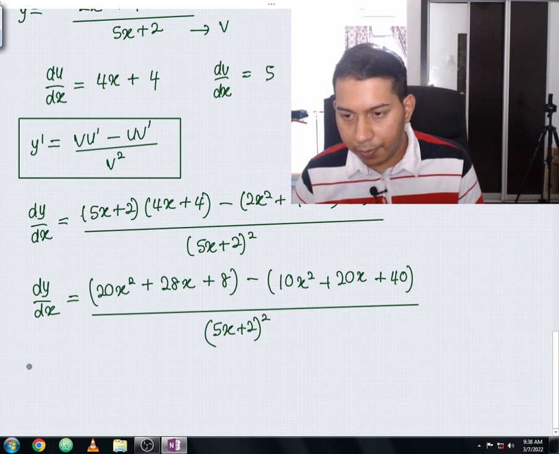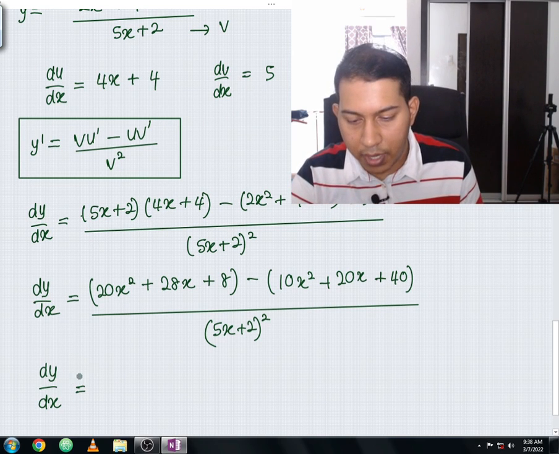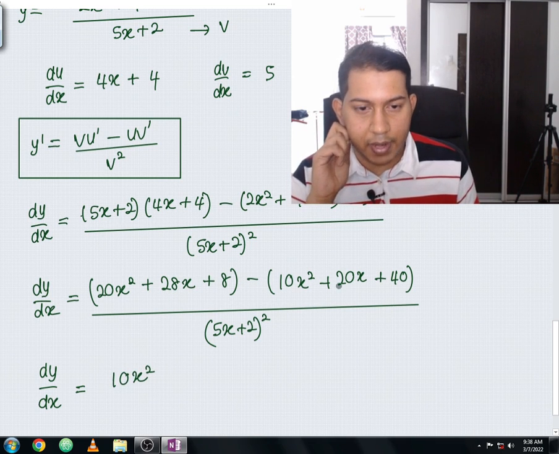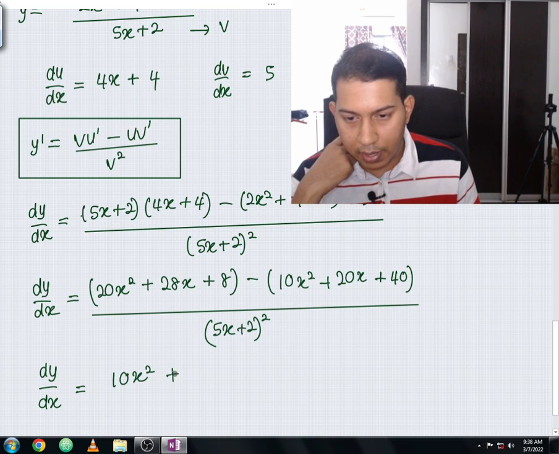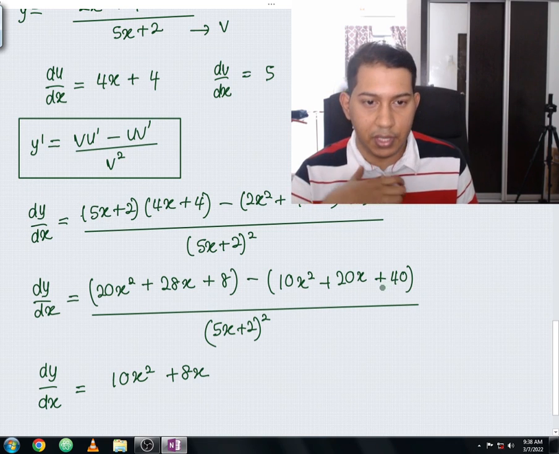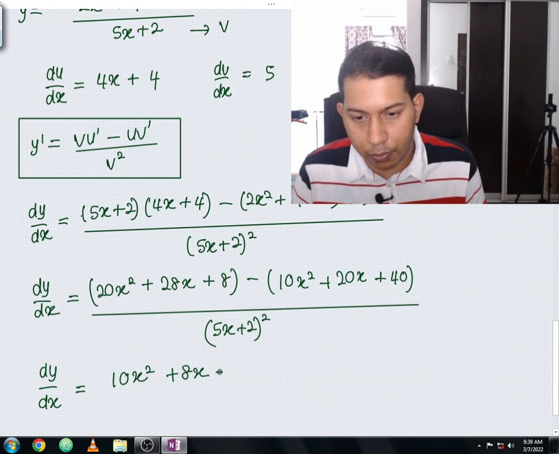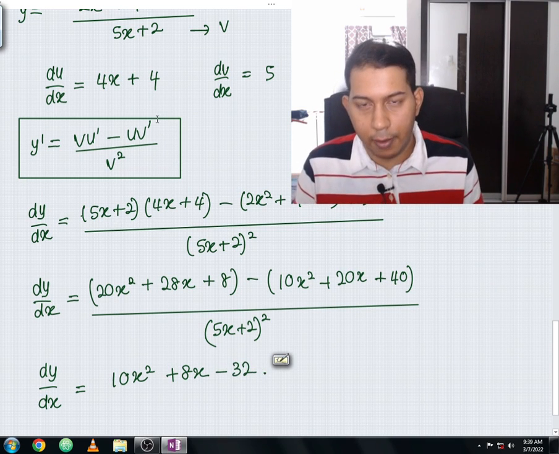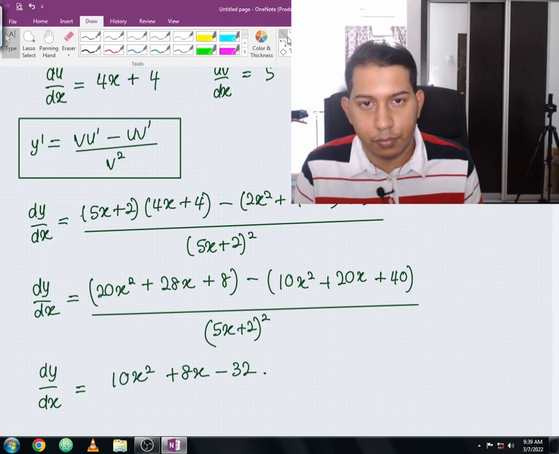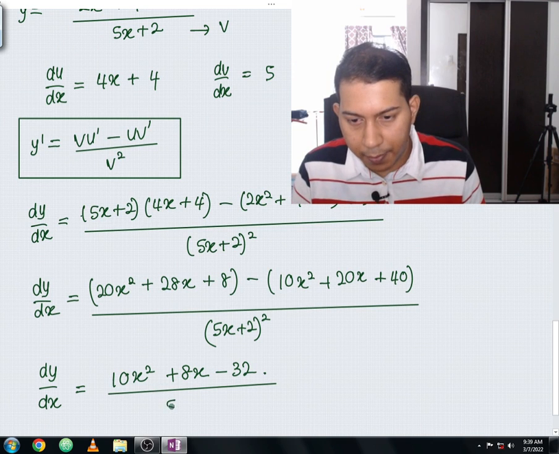Let us solve them one by one. 20x squared minus 10x squared gives 10x squared. 28x minus 20x gives positive 8x. Negative 8 minus 40 gives negative 32. And then you divide with (5x plus 2) squared.